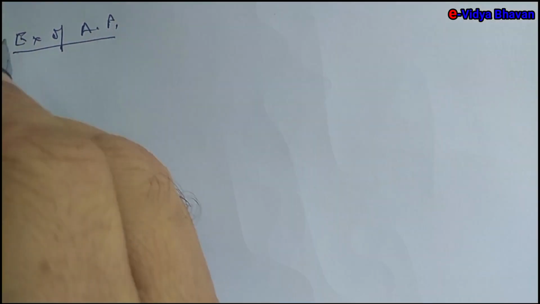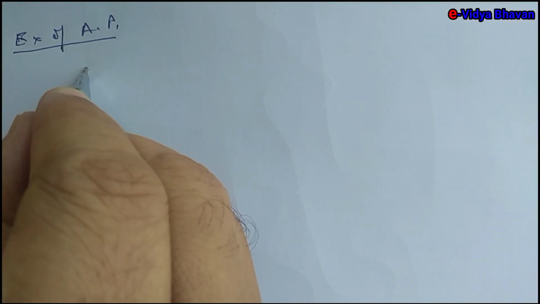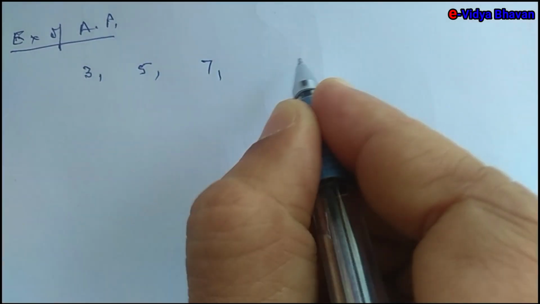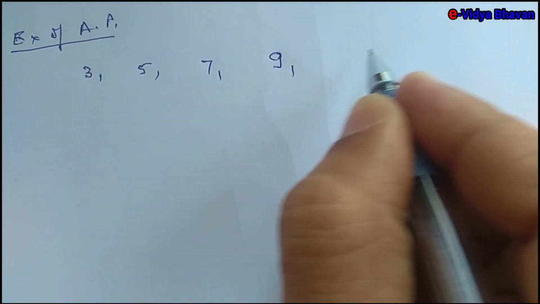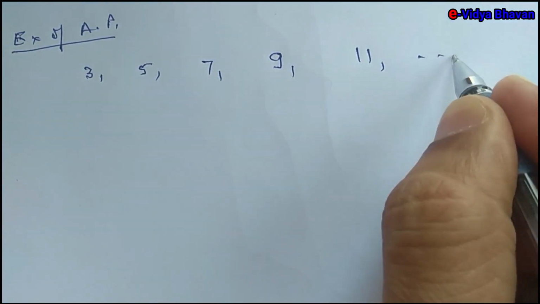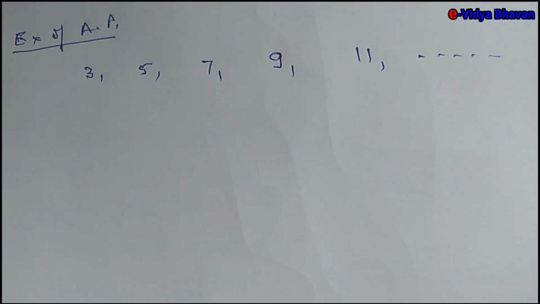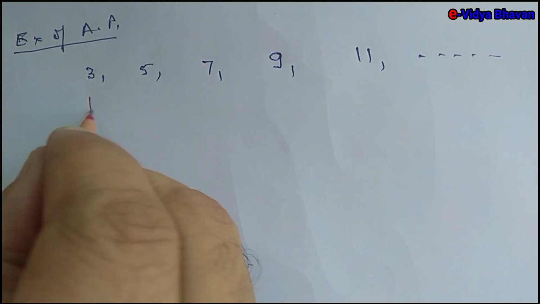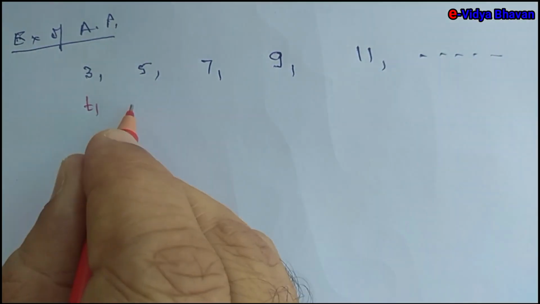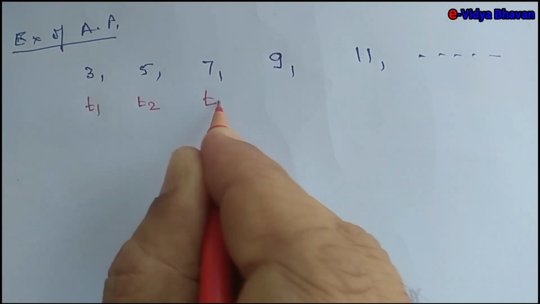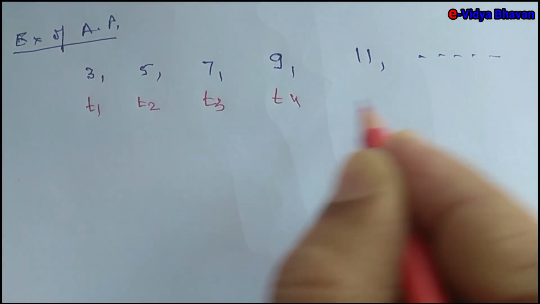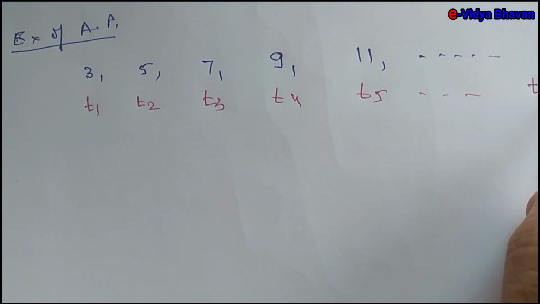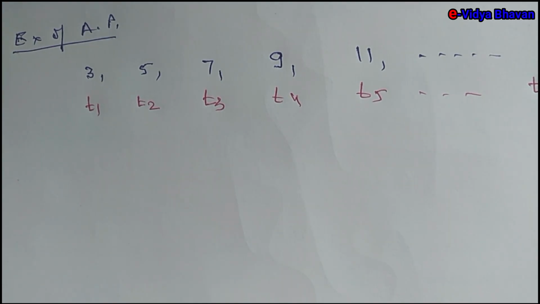Example of AP we are going to take. Let us take 3, 5, 7, 9, 11 and so on. Let us term these numbers: first term 3 as T1, second number 5 as T2, third number T3, fourth number T4, fifth number T5 and so on, and let us take the last term Tn.